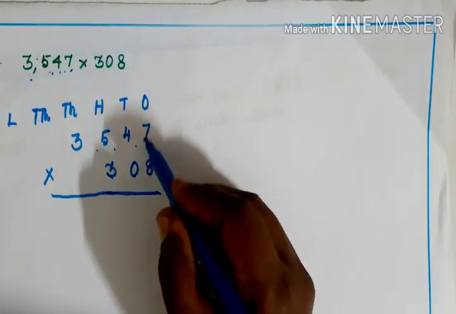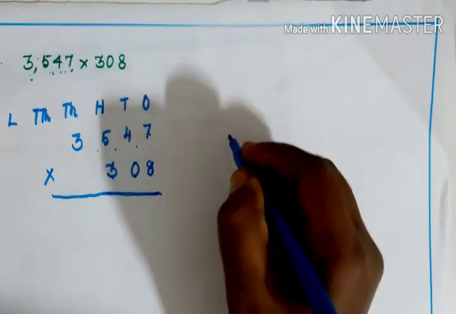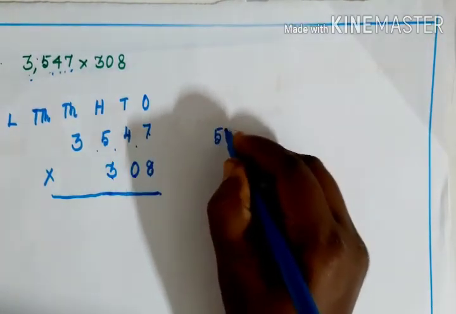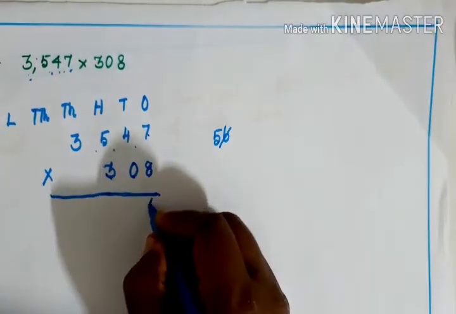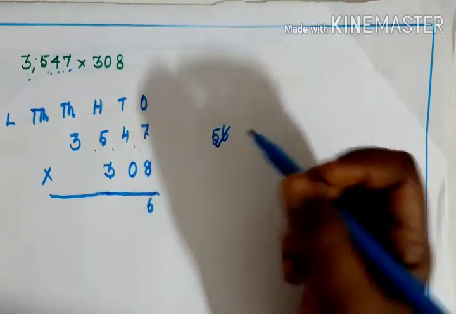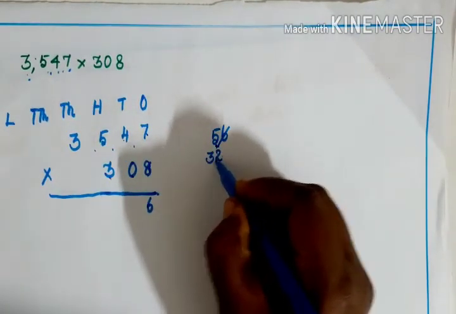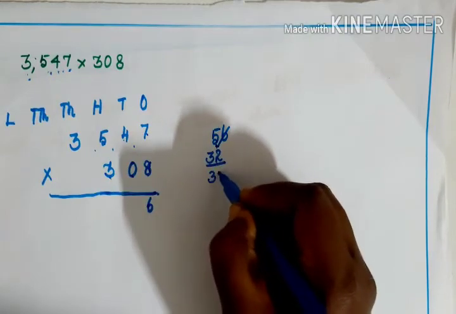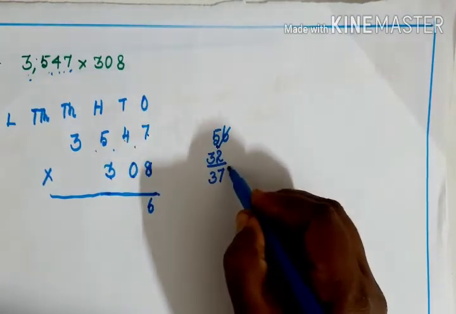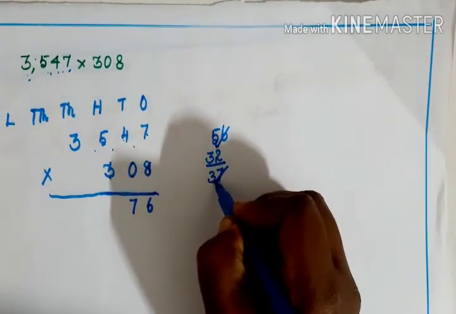Okay, ones with ones digit. Okay, first step. 8 sevens are 56. So put the 6 here. Carry over 5 is here. Okay. Next, 8 fours are 32. 32 plus 5, 37. So you cancel the ones digit, write the 7, and keep the balance 3.